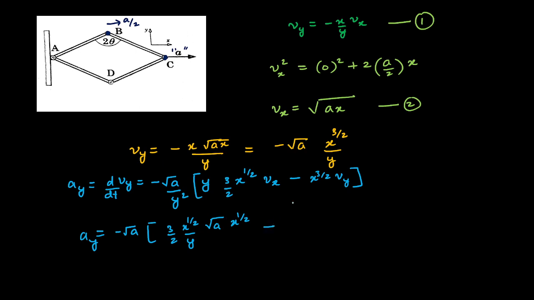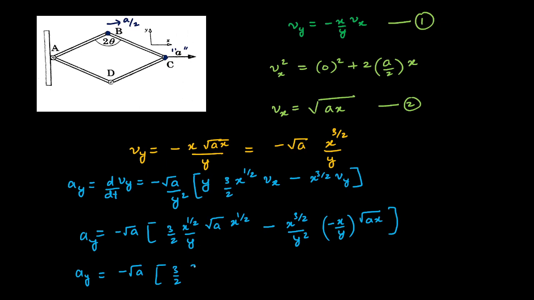I'm just writing the value of Vx here, minus, already we have x power 3 by 2 here. I'm supplying this y squared inside, and the value of Vy. Value of Vy we already have. It's going to be minus x by y times Vx. Vx value is root of ax. All these things from equation 2 and 1. Okay. So solving further, we can simplify here as minus root a 3 by 2.